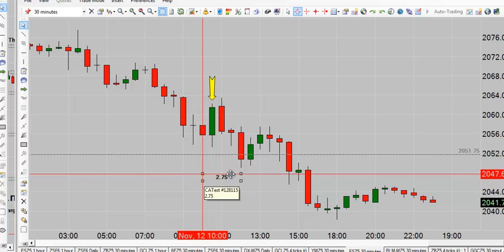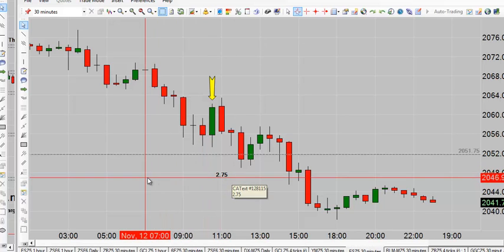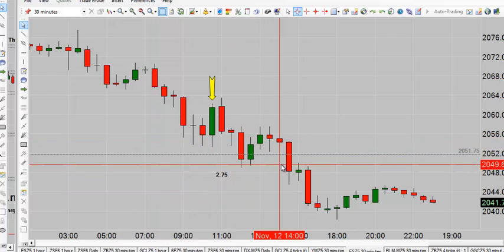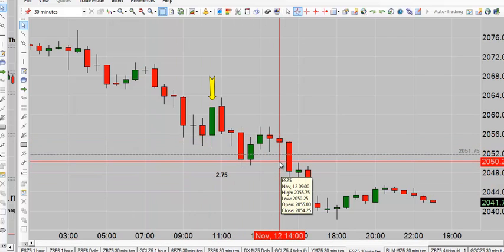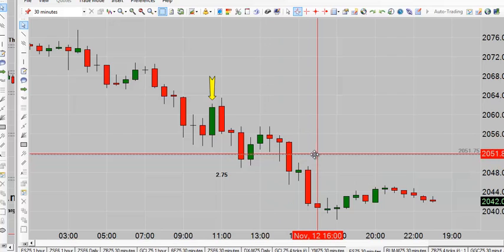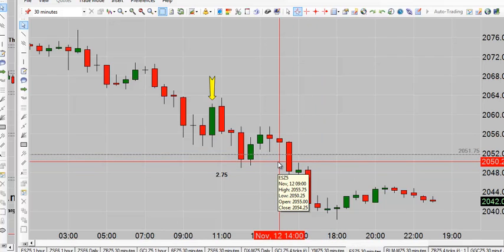Now, important prices, important areas are almost always tested. On our second drop, we drop down to a low of 2050 and a quarter. From 2051.75 to 2050 and a quarter, that's 1.5 points.